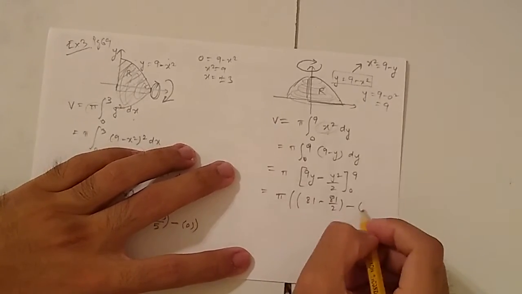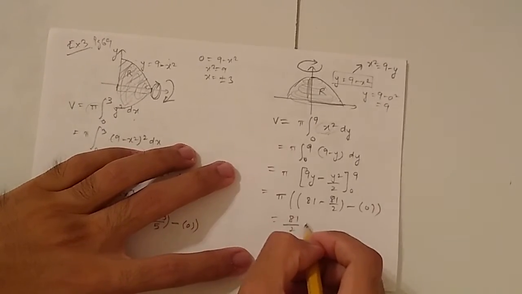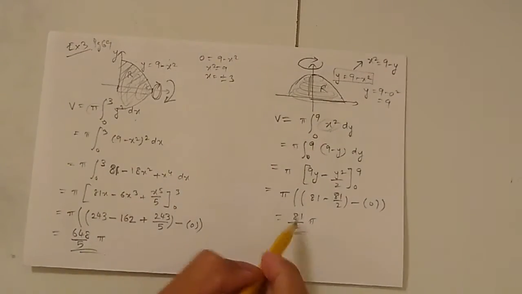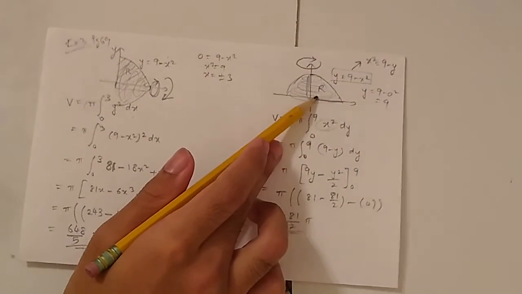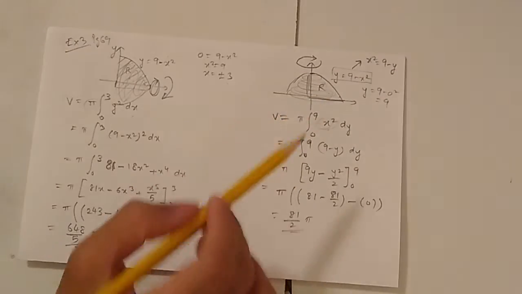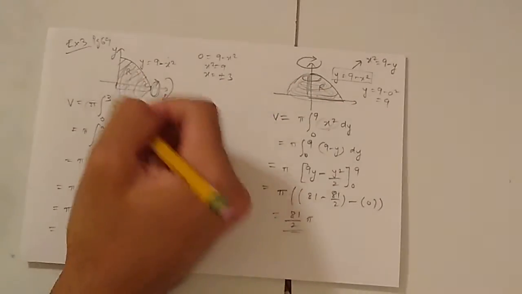When you substitute 0, you get 0 for both of them, and therefore the final answer is 81 by 2 pi. Notice that the two answers are not equal because the two volumes are also not the same volume.